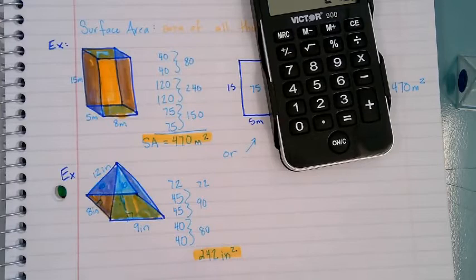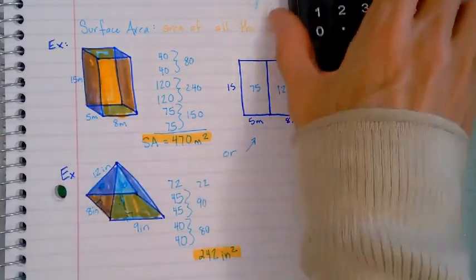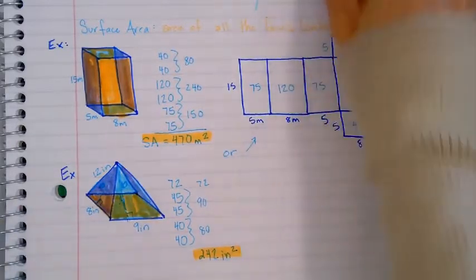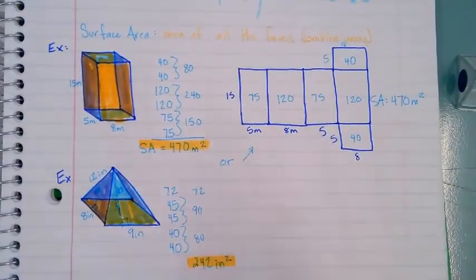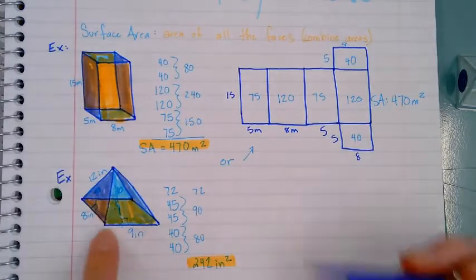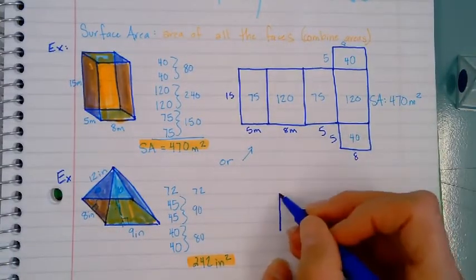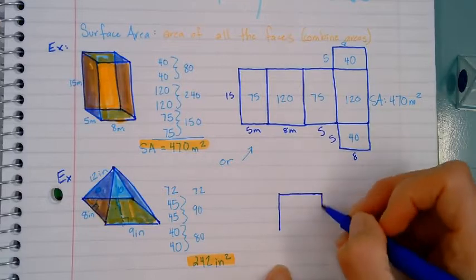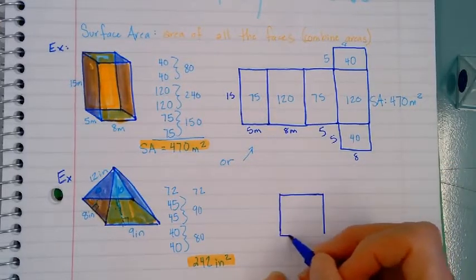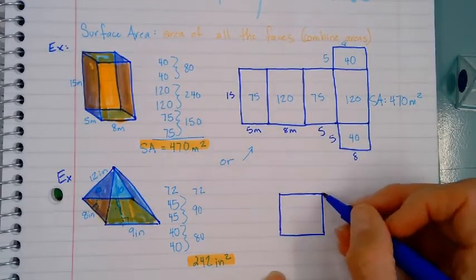Now, if it is hard for you to see all those different faces without them being totally laid out, let's draw the net. So our base is a rectangle. And then we've got triangles that are attached to the base.